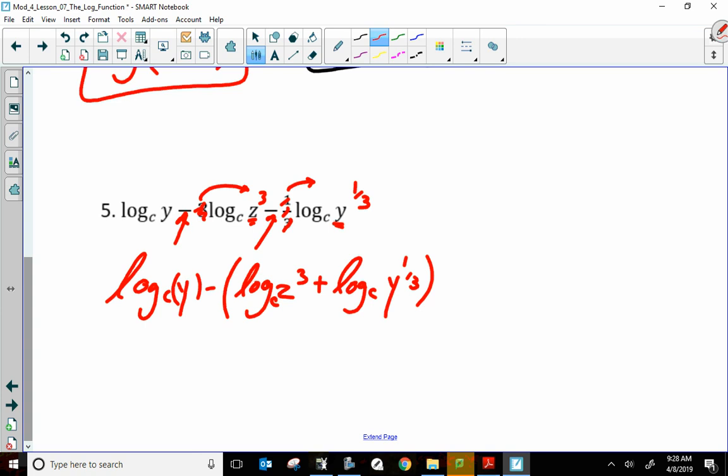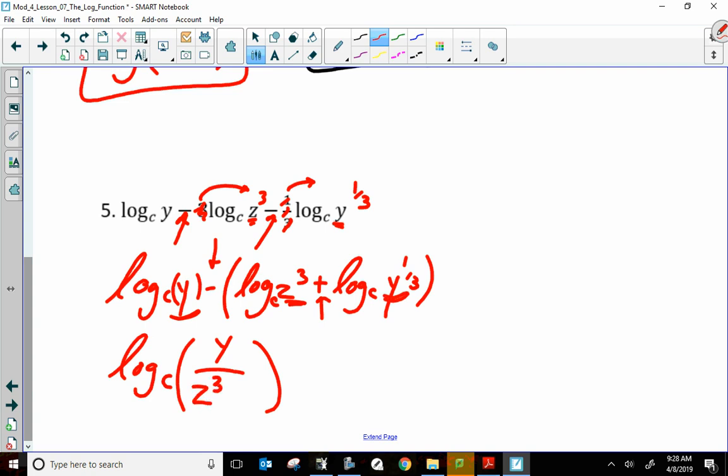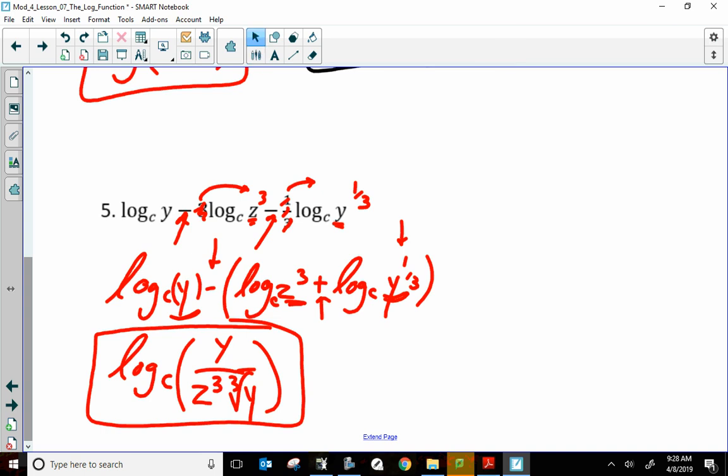This will turn into division, so I've got the log base c of some division. Here's the top. And this turns into multiplication because of the addition on the bottom, z cubed, and that is the cube root of y. That is what you should have come up with. That's not bad, and we're done.